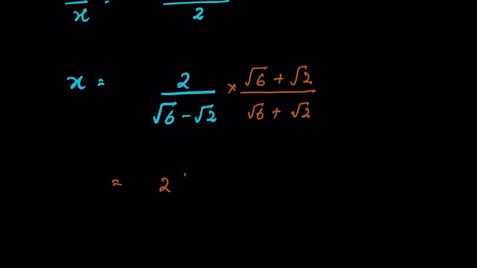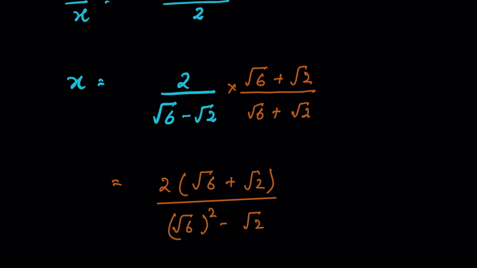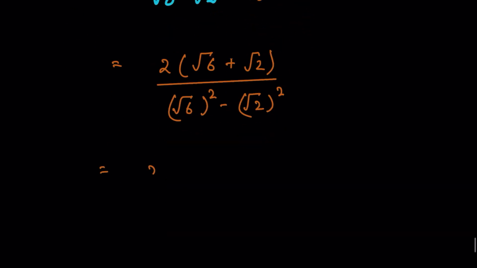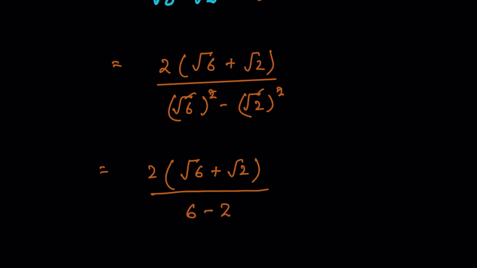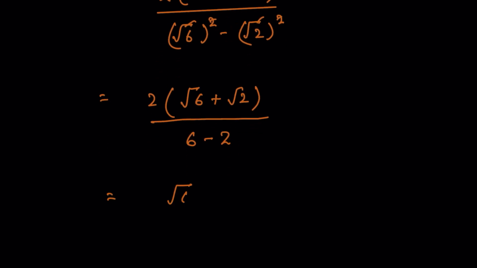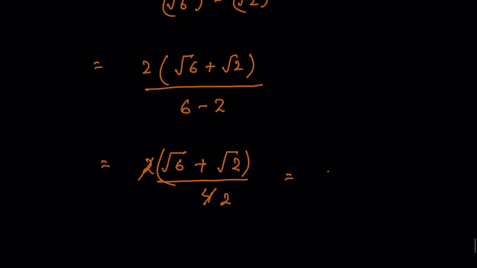So it is 2 times square root of 6 plus square root of 2 upon square root of 6 square minus square root of 2 square, or 2 times square root of 6 plus square root of 2 upon, remove the square root with this square, so 6 minus 2, or 2 times square root of 6 plus square root of 2 upon 4. 2 times 2 is 4. Therefore, it is equal to square root of 6 plus square root of 2 upon 2. So this is our final answer.